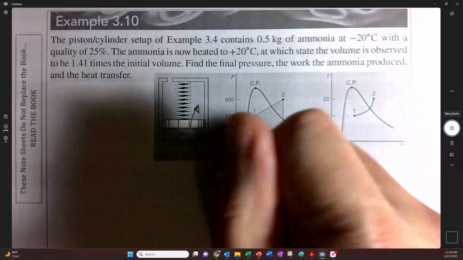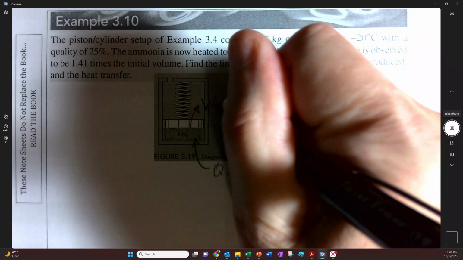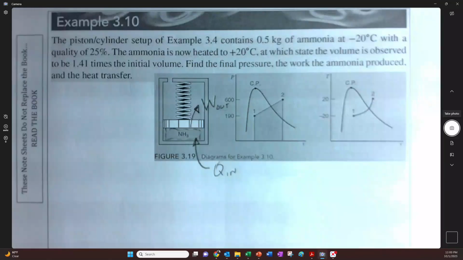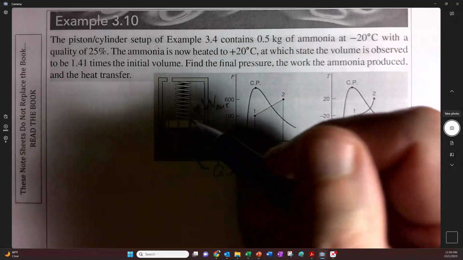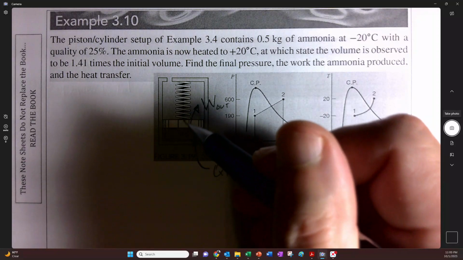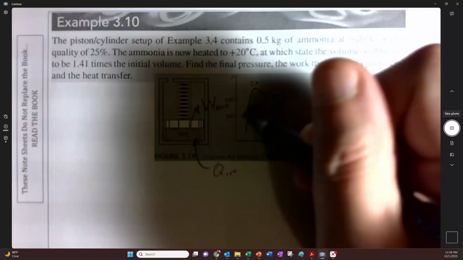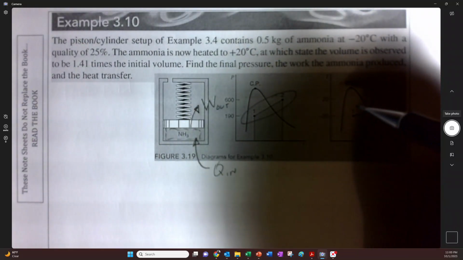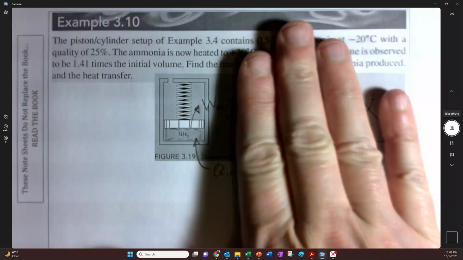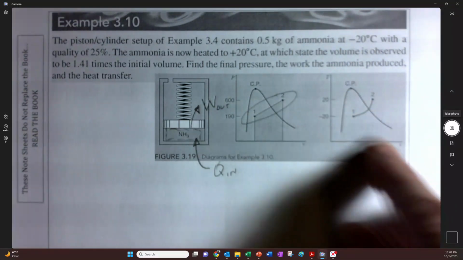So I didn't mean to, no dots. We don't know the flow, right? So there's the work out, and it's going to go into the spring. And because it's a spring, the pressure is going to be a linear pressure increase. That's how we know this part right there. I really shouldn't show you this part because it's part of the answer.